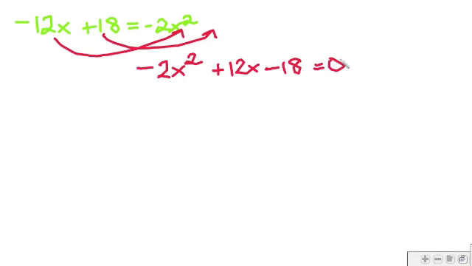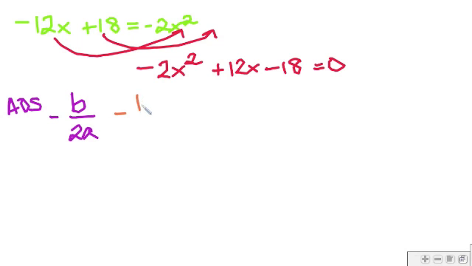Once you have it in standard form, you go through the same steps that you were doing. Let's find our axis of symmetry. Again, that is negative b over 2a. So let's plug those values in.